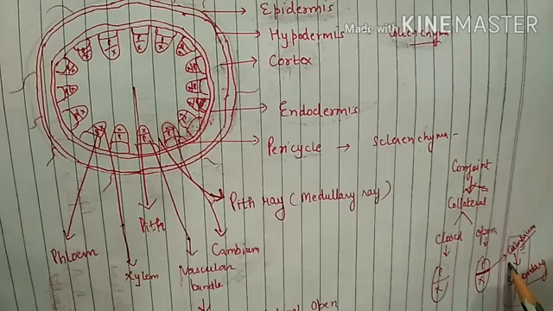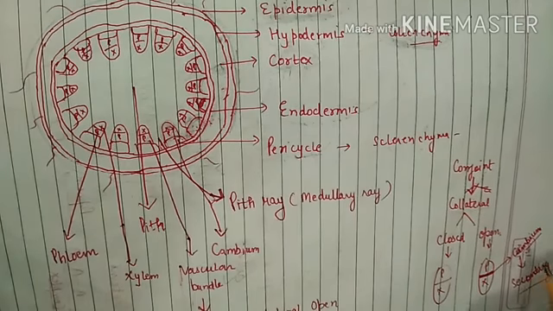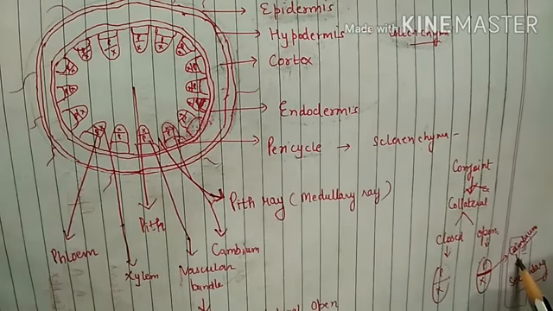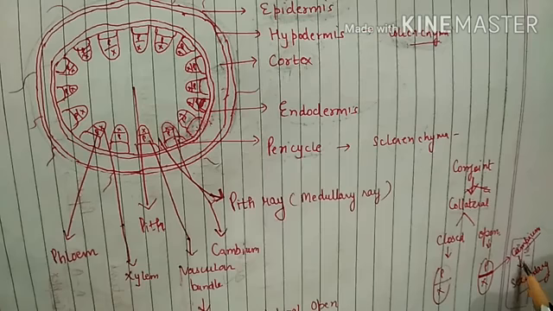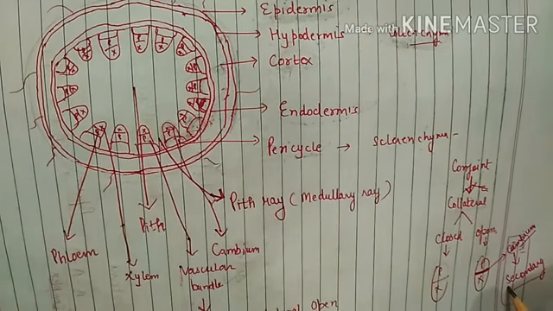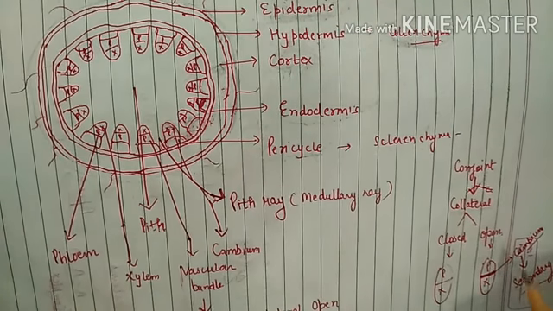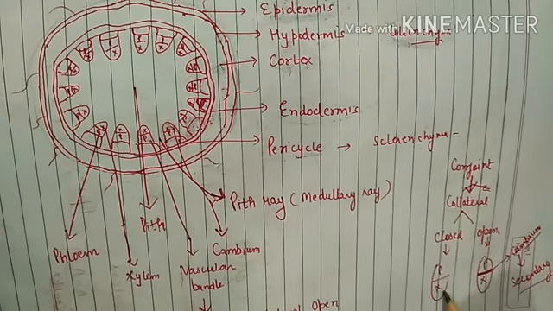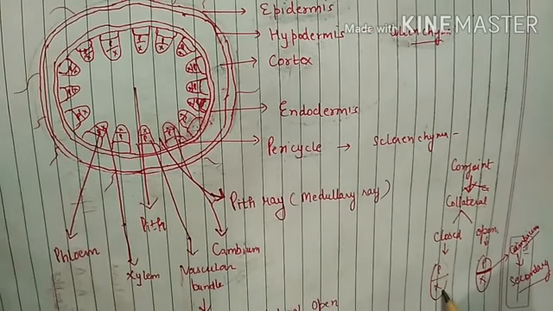So secondary growth is due to cambium, and we will observe in the next videos that secondary growth is observed only in dicot plants. In monocot plants, there is no secondary growth. So these are the unique features of vascular bundles in dicot stem.